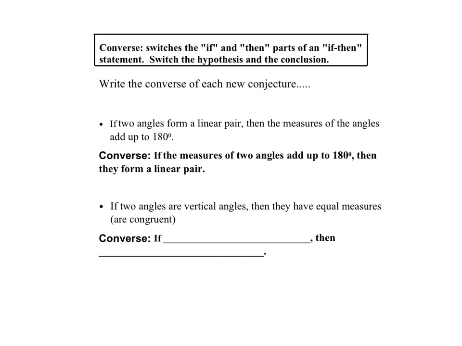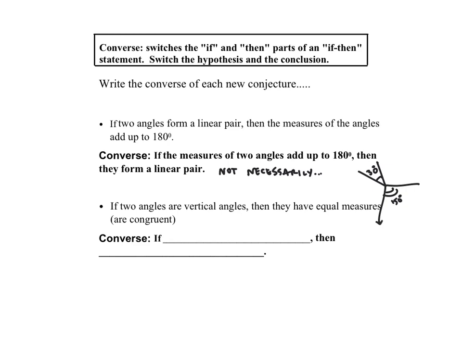Now, this is not necessarily true. Let me draw you a diagram. If I had an angle over here, and an angle not forming a linear pair. Let's say the measure of this angle was 30 degrees, and the measure of this angle was 150 degrees.